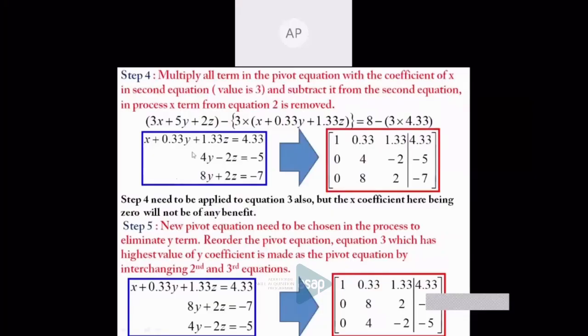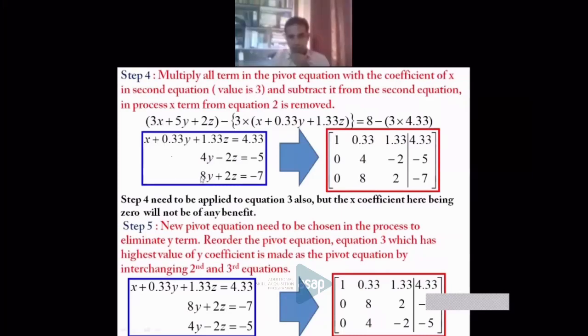So here is the next set of operations. The coefficient in the second row is not applied to this equation because the term was 0 here.